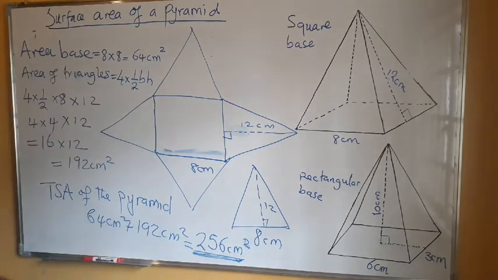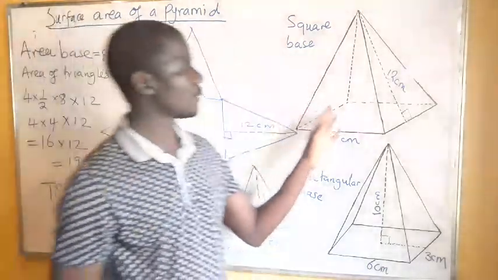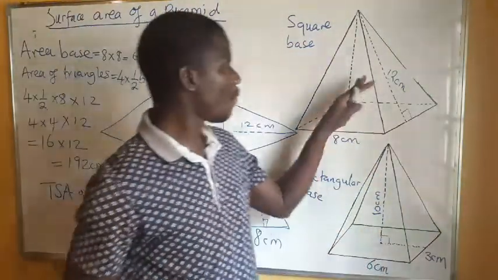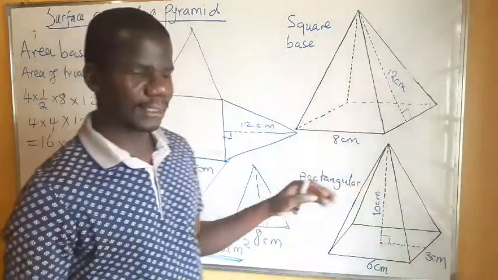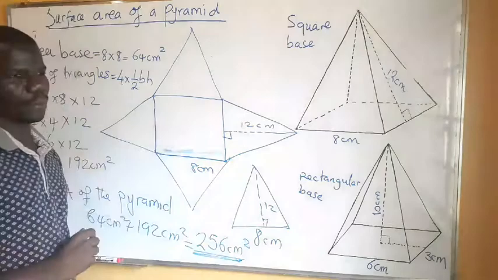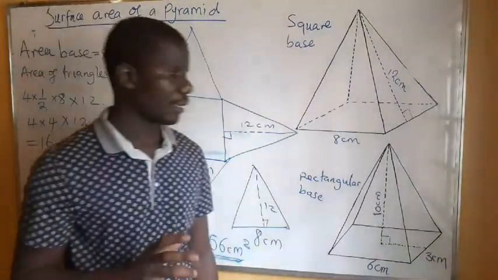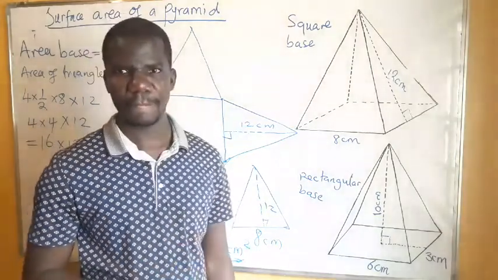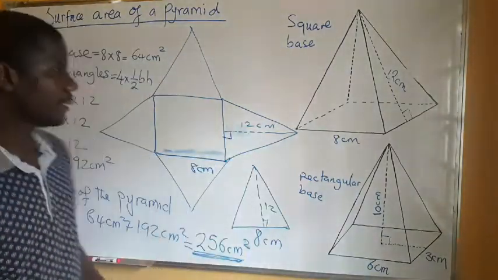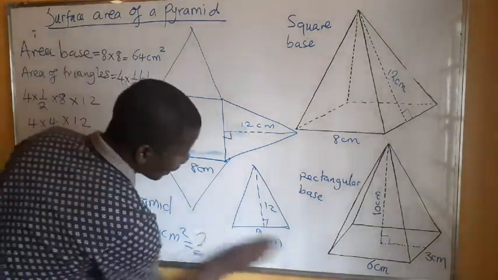This is our total surface area for the first one. Whether it is given in this form, whether it is given as a net, this is what you are supposed to do. I hope that is very clear. All right? So we can proceed to the next example.